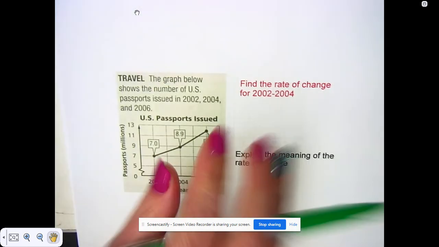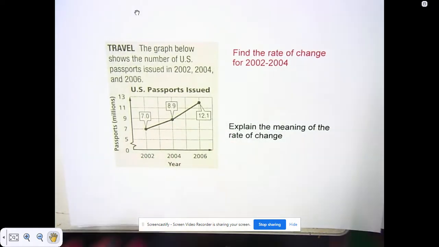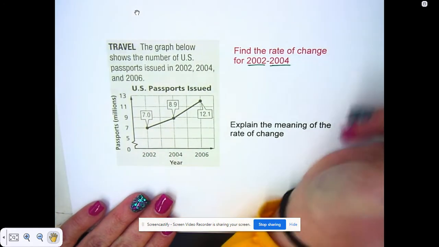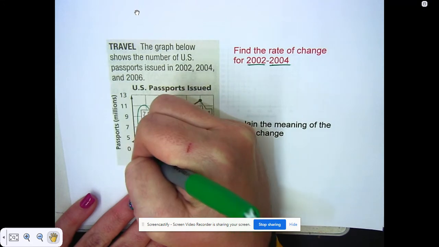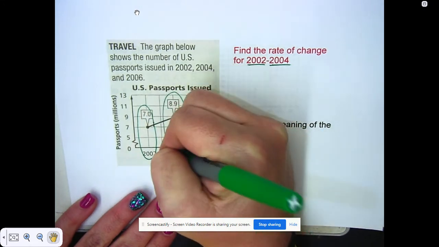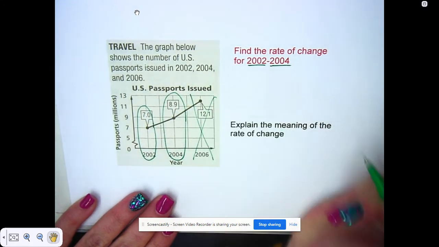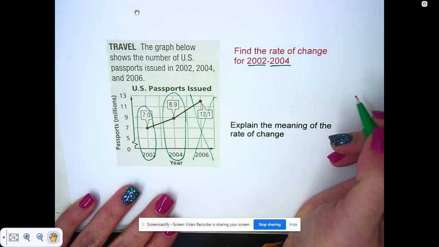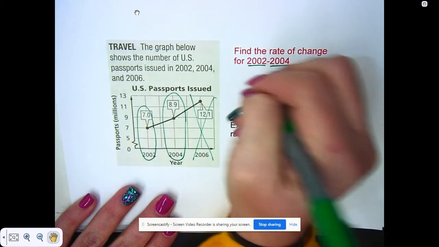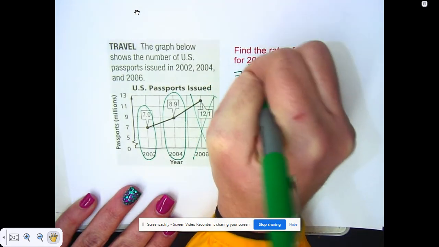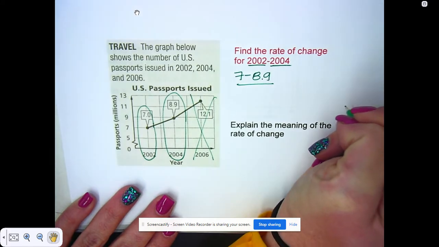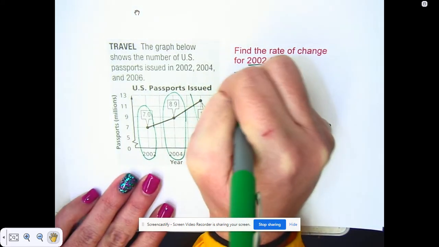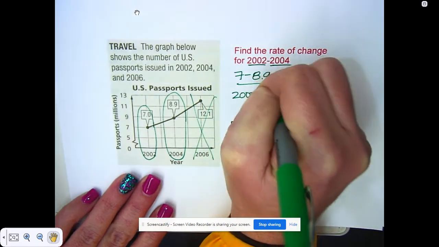Okay, all right. Find the rate of change from 2002 to 2004. So I'm going to look at 2002 and 2004. So I am not worried about 2006. All right, so Y's are first. So our Y values are going to be 7 and 8.9. So if you're doing this by hand, it'd be 7 minus 8.9. And my X values are 2002 and 2004.